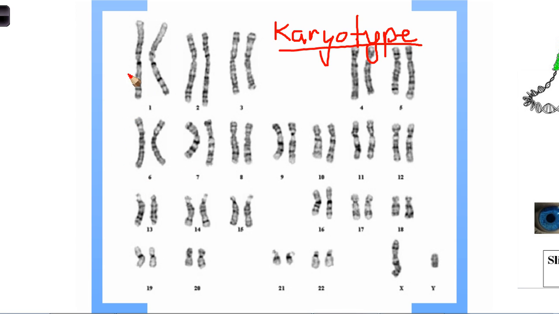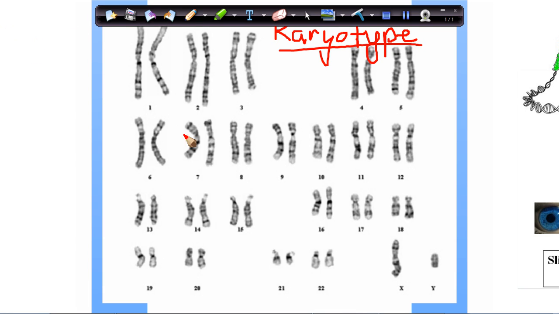And you should be aware, a human karyotype should have 46 chromosomes, or 23 pairs. Each member of those pairs was originally inherited, one from our mother and one from our father. So that's pretty straightforward. A karyotype is just basically a photo of the chromosomes in our cells.